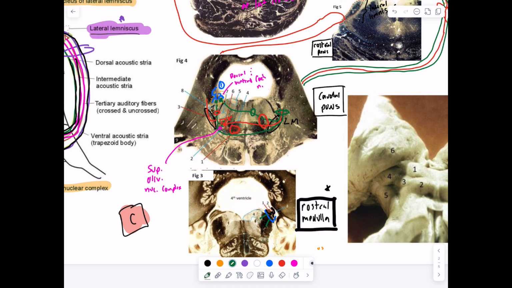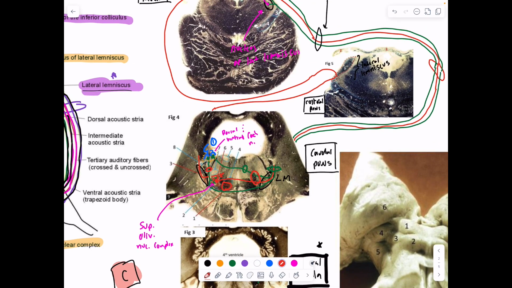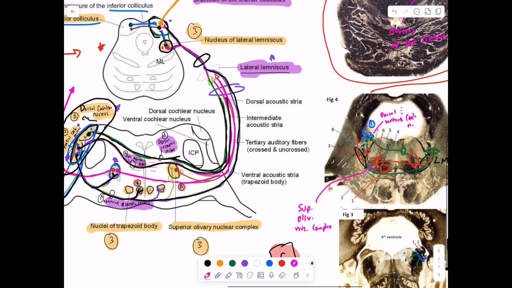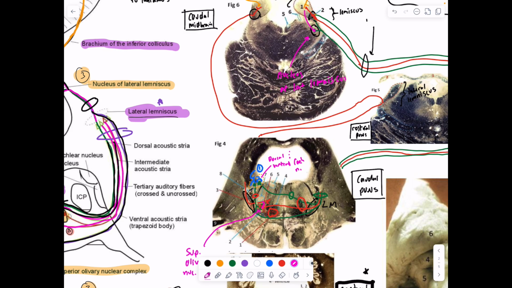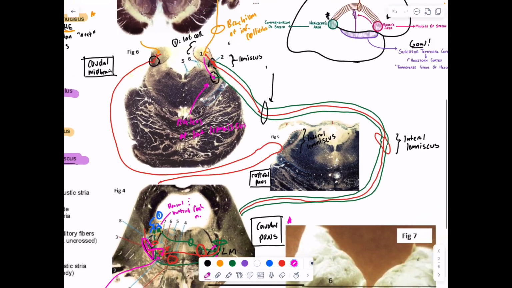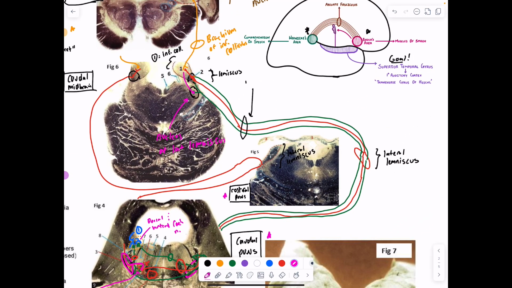So once you have gotten there, for the superior olivary complex right here, you'll send out an axon through the ipsilateral lateral lemniscus, and then here's the contralateral lateral lemniscus. All right, so then you'll go from caudal pons up to rostral pons. Here's the lateral lemniscus, so this is just tracing the pathway.